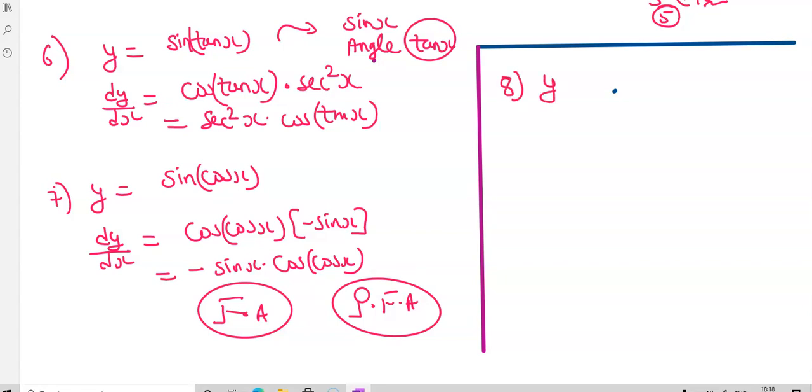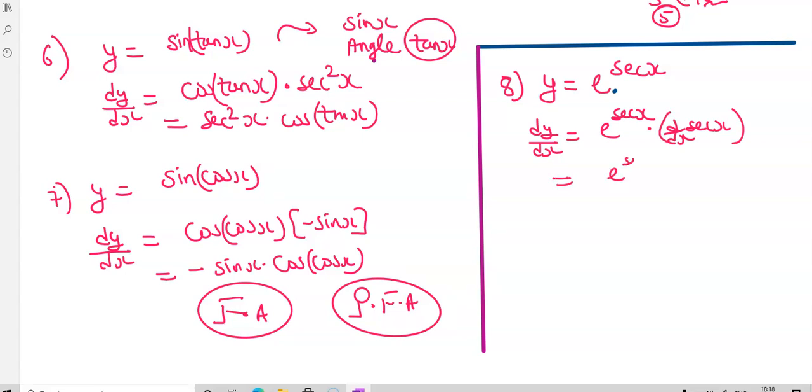It is y is equal to e to the power sec x. Now dy by dx will be equal to e to the power sec x, derivative of sec x into tan x.